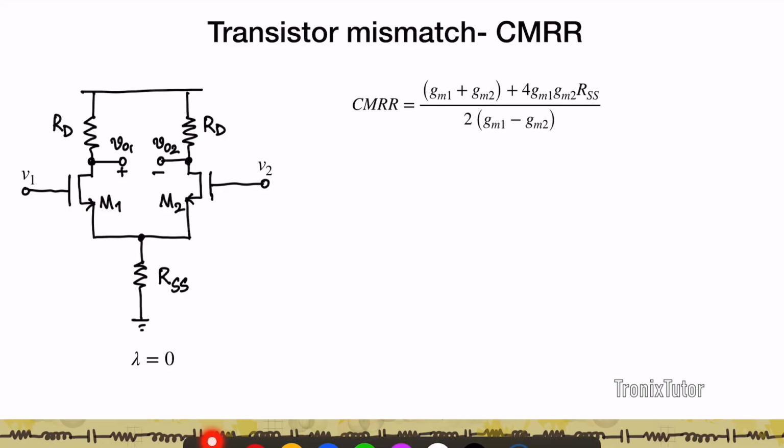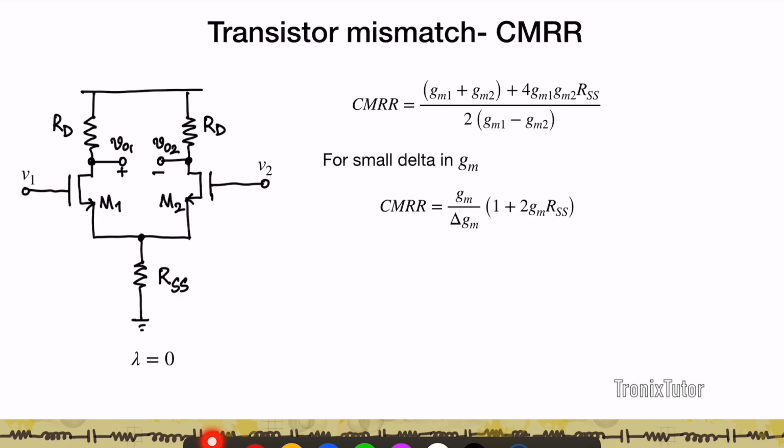Now for the CMRR, if I assume there is a small delta between GM1 and GM2, so one can be treated as GM plus delta GM by 2, and the other can be treated as GM minus delta GM by 2, then I get my CMRR as GM by delta GM into 1 plus 2 GM RSS. Again, this is very similar to the RD expression we got, right? So again, the concept is the same.